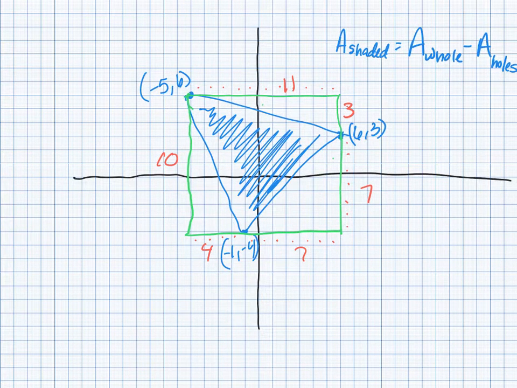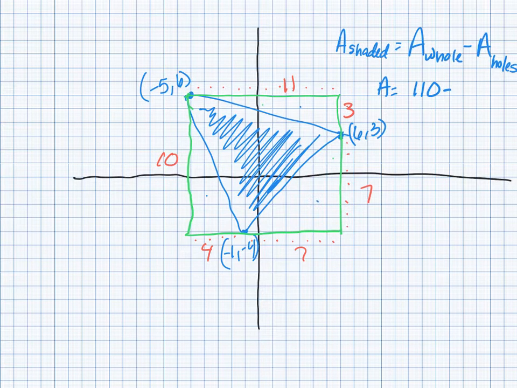So what is the area of the whole rectangle, the whole green rectangle on the outside? 10 times 11, so it'll be 110. Yes, 110, right? And now we have to take away the area of these 3 green regions. Everybody understand what I'm saying?